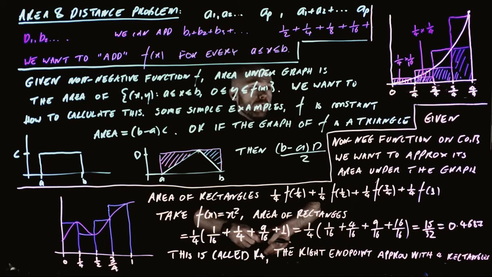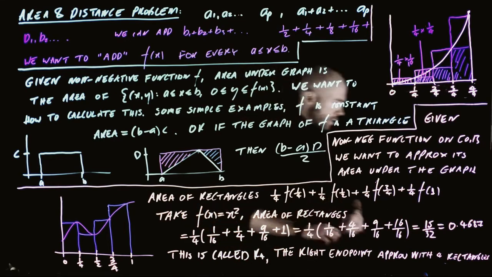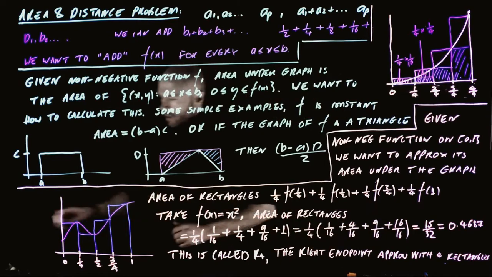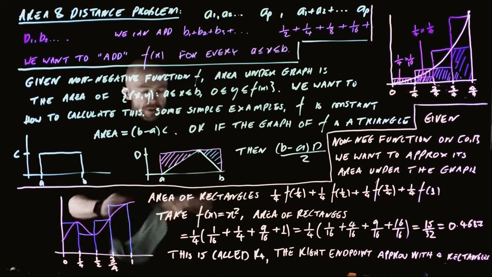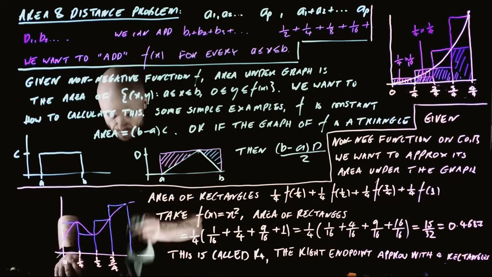Okay, now if instead we do the left endpoint approximation, we're going to get a different quantity. Yeah? So I'm going to kill this graph here.